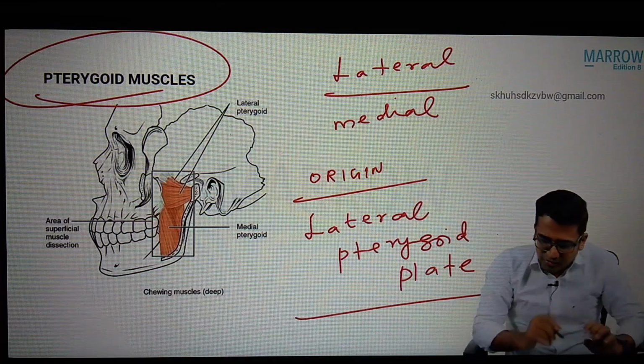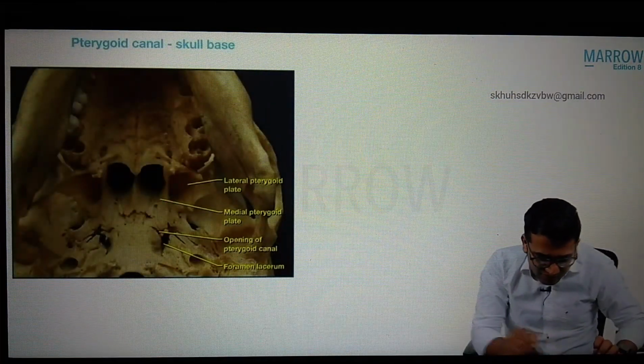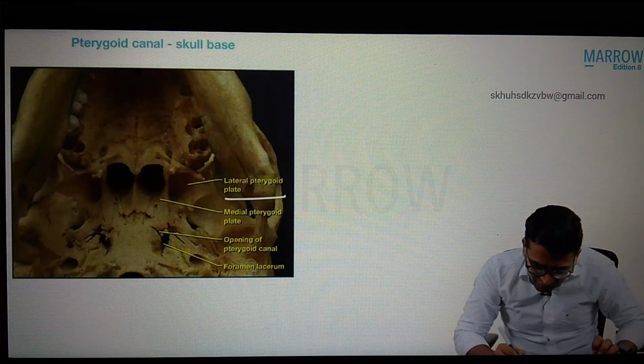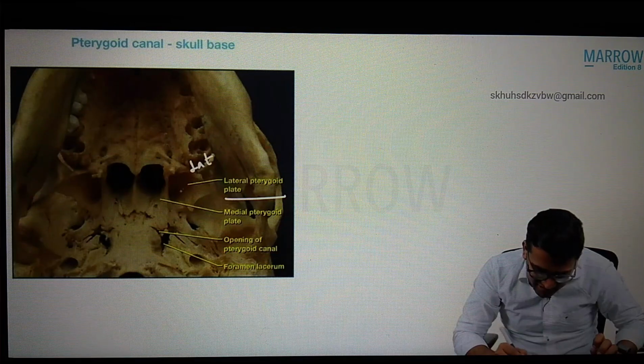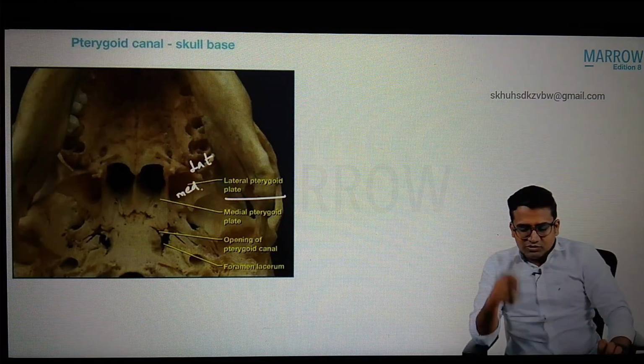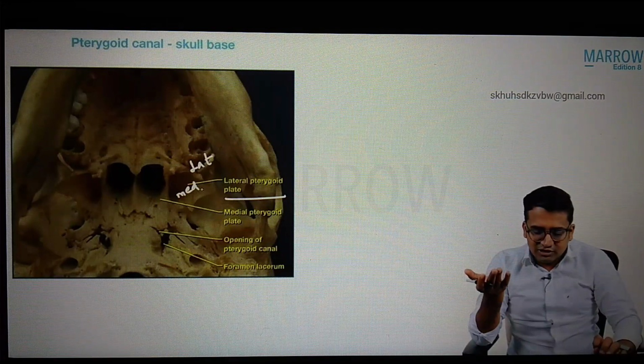Right. Now, we see one by one. First, this is the lateral pterygoid plate. See the diagram. This is the outer surface, the lateral surface. I am writing lateral, and this is the medial surface. This is what I told you. The lateral surface of the lateral pterygoid plate gives origin to the lateral pterygoid muscle.